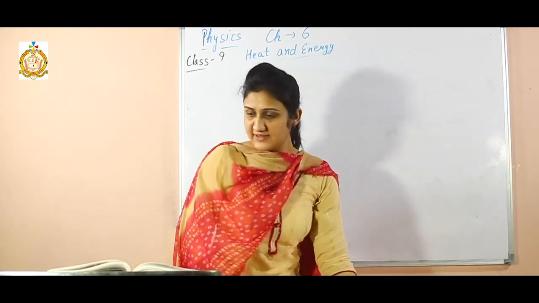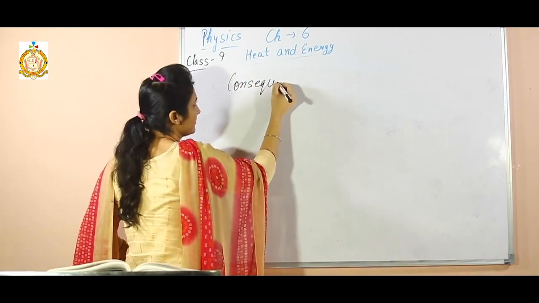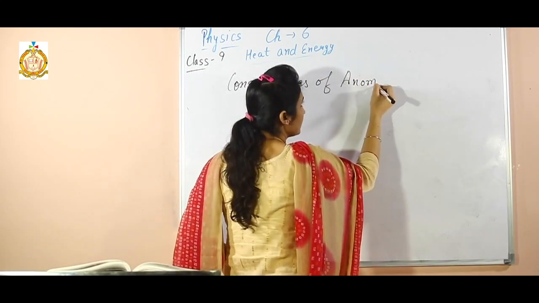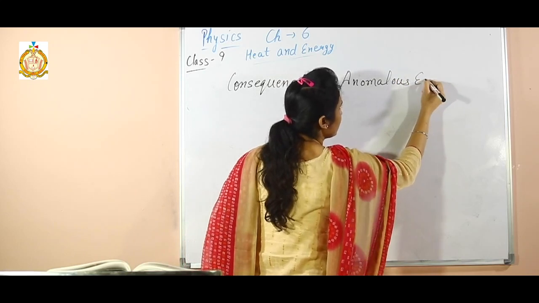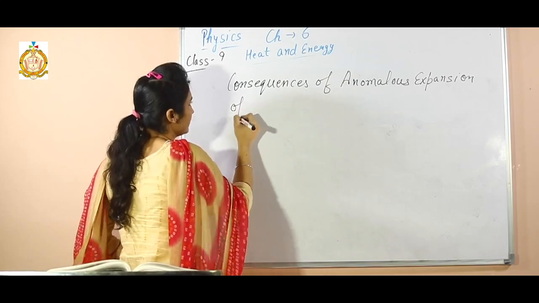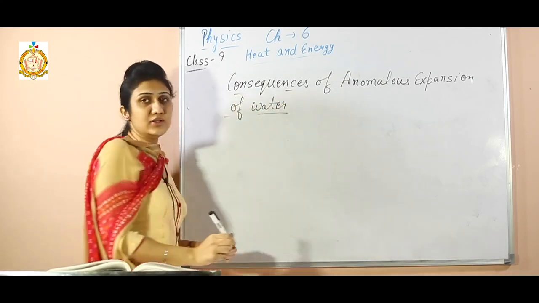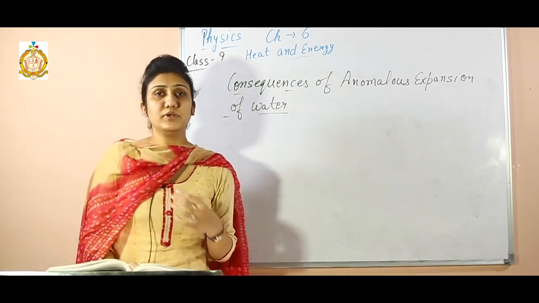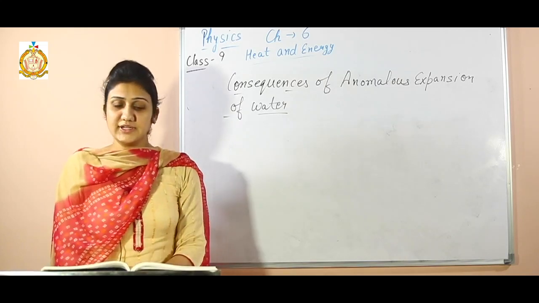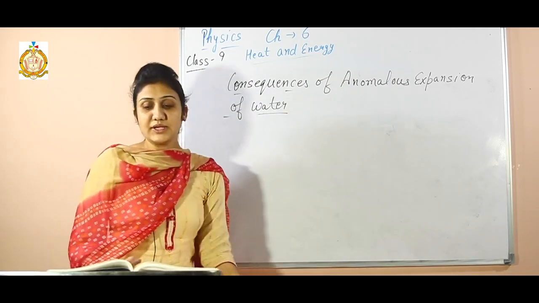What are the consequences of anomalous expansion of water? During winter, the temperature may fall below 4 degrees Celsius and then anomalous expansion of water takes place, and anomalous expansion of water helps in preserving aquatic life.